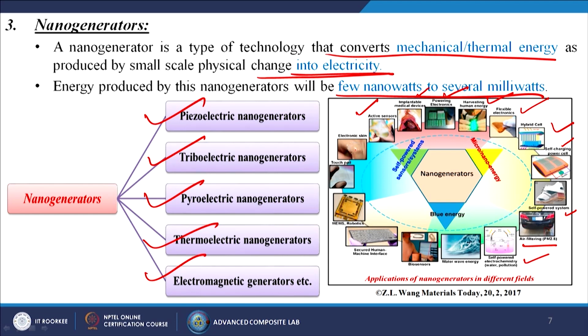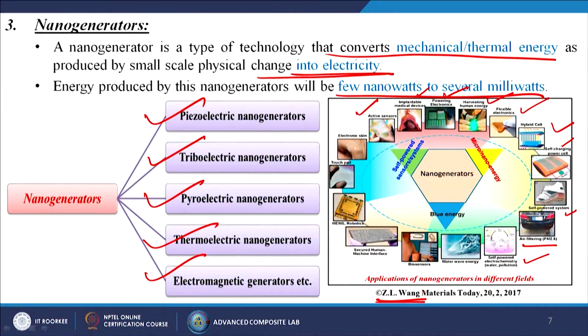So, in a number of applications nowadays we are using nanogenerators, and the pioneer of the nanogenerator is Professor Zhong Lin Wang, who is working intensively on all the mechanisms and is very famous in this particular area.